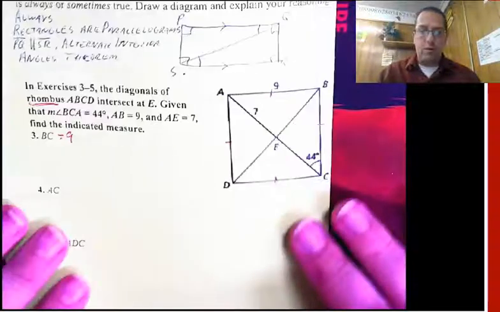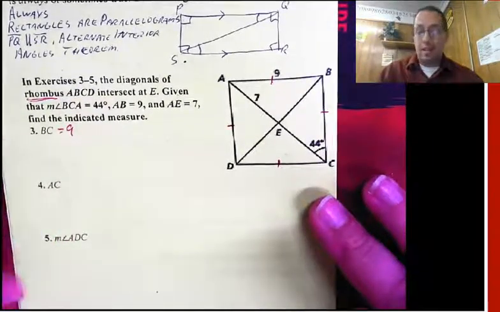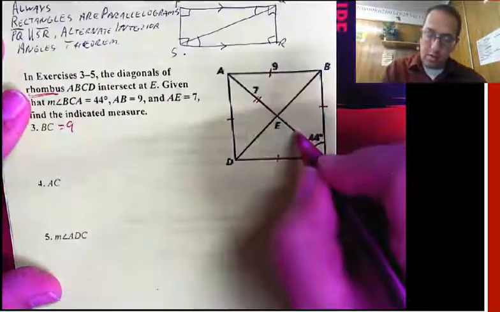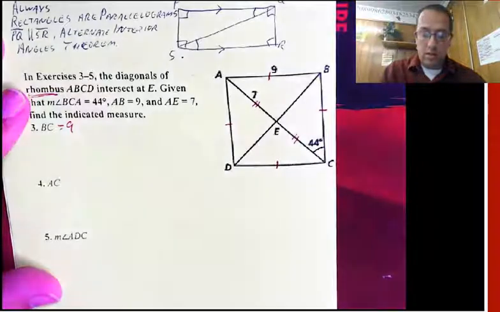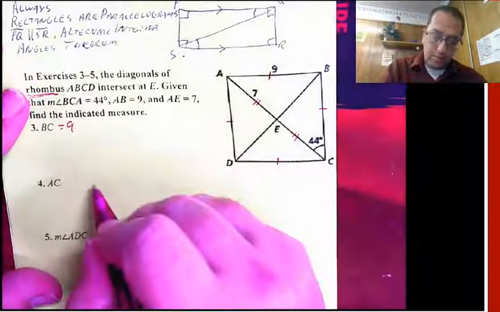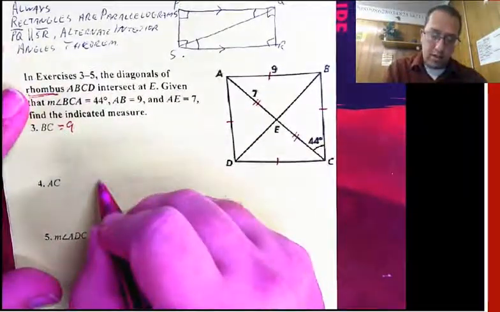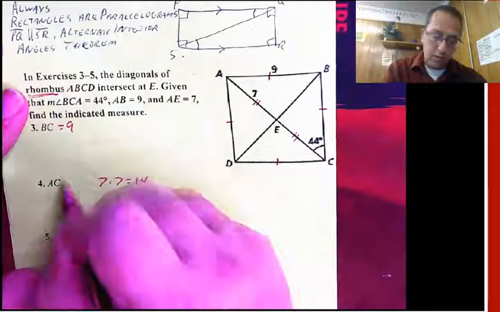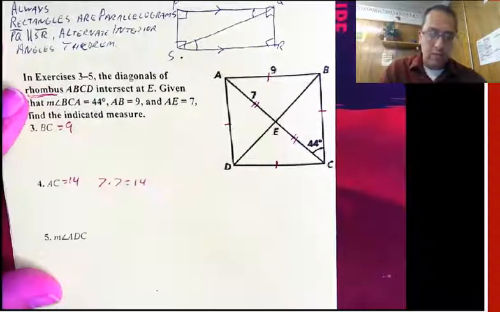And what do we know about the diagonals of every parallelogram? That's right, they bisect each other, which means AE is congruent to EC. So the length of AC would be 7 plus 7, which equals 14.